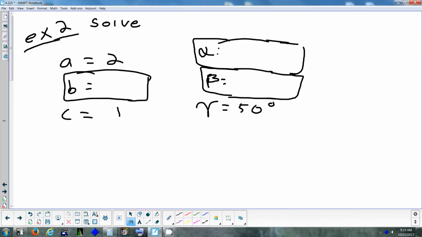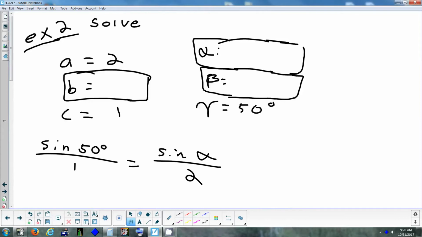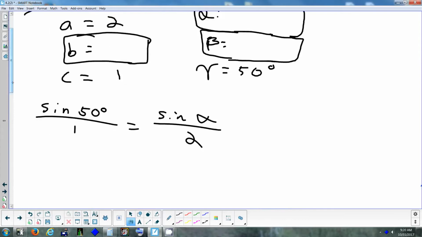Okay, let's set it up and watch what happens. So you have sine of 50 over 1. So actually, you don't even need to put it over 1. Equals sine alpha over 2. Okay, all you need to do really in this problem is multiply each side by 2.